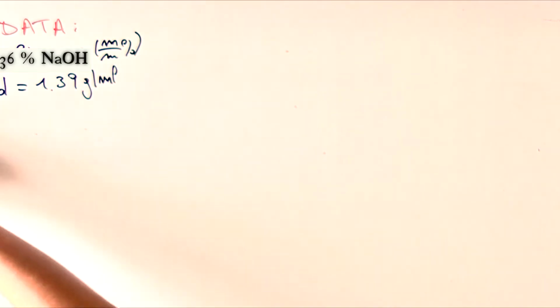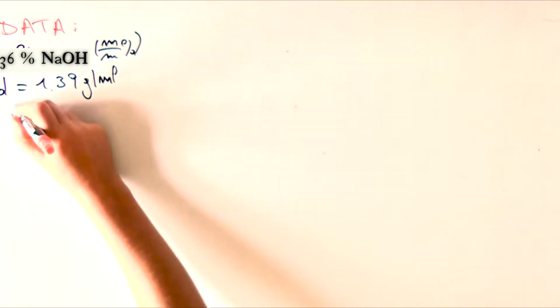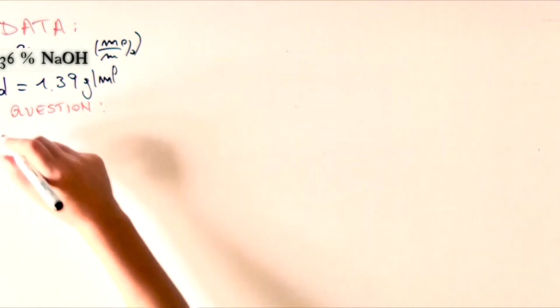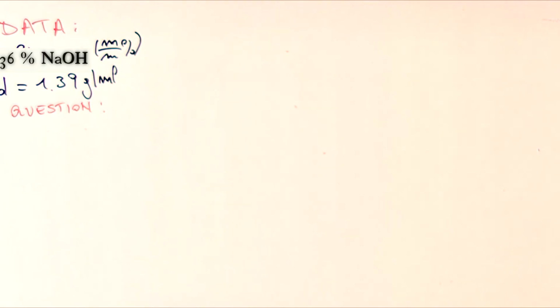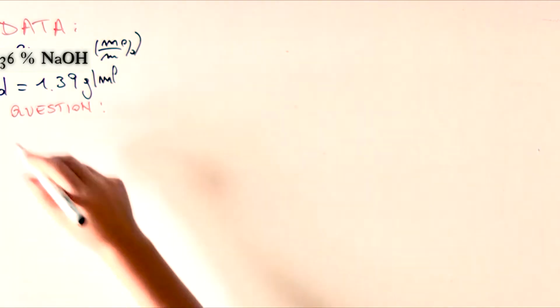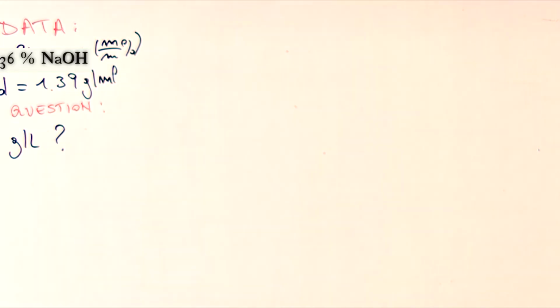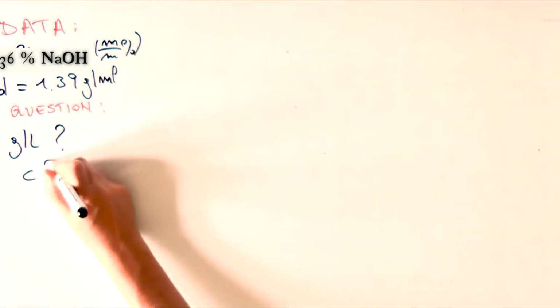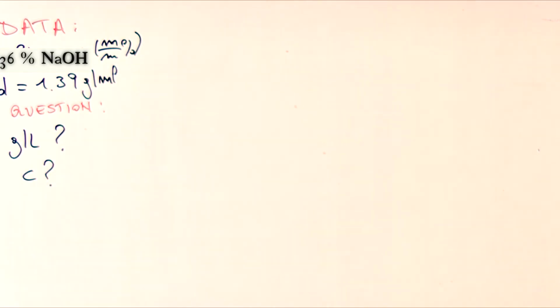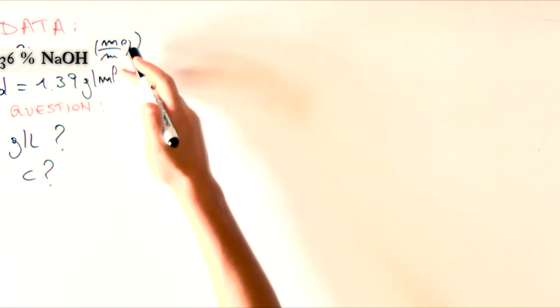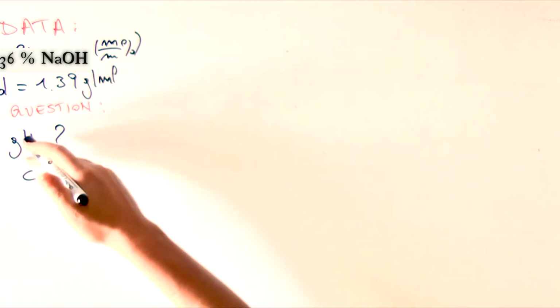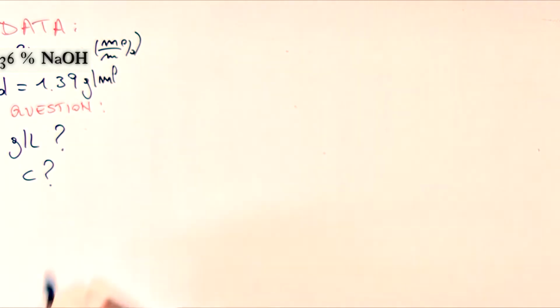And the question is what is the corresponding concentration in gram over liter of this solution, and what is the corresponding concentration in molarity. So basically we have to go from percentage by mass to gram over liter or to molarity.